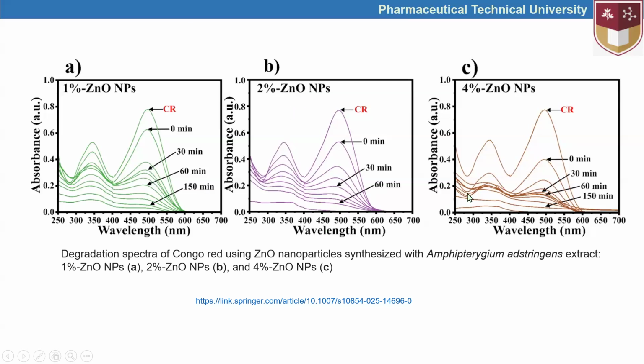And here we can see similar or a bit faster degradation by using 4% zinc oxide nanoparticles. So by using different approaches, we can effectively use UV visible spectroscopy for determining the concentration of compounds, degradation of compounds, and about the synthesis, other useful approaches can be developed by us.